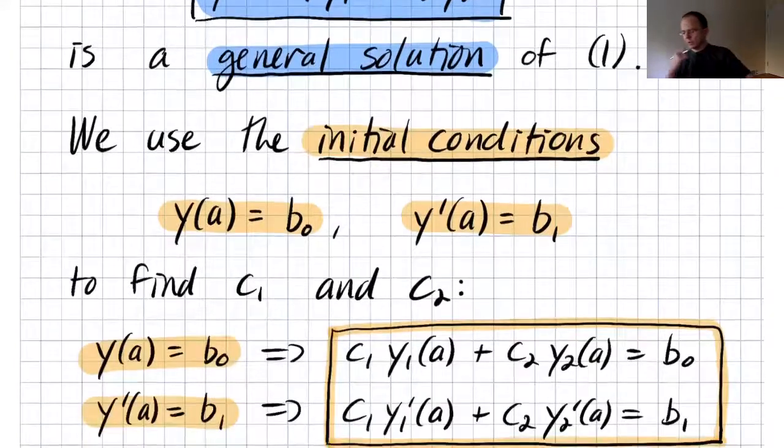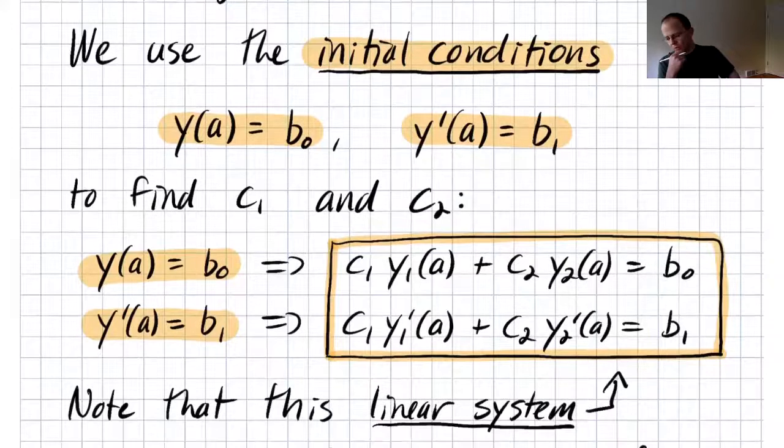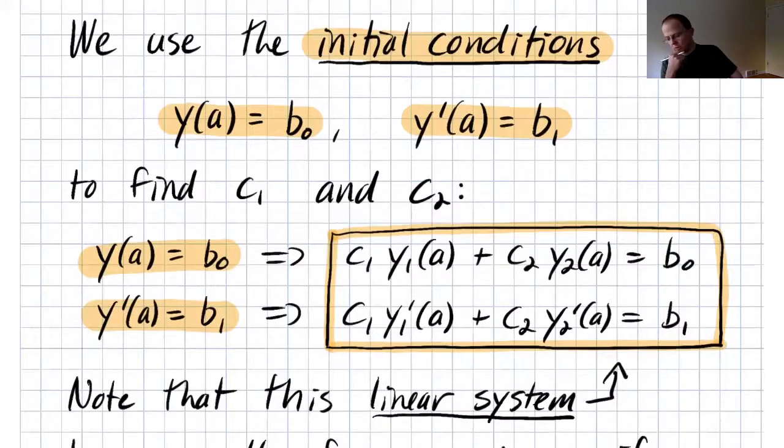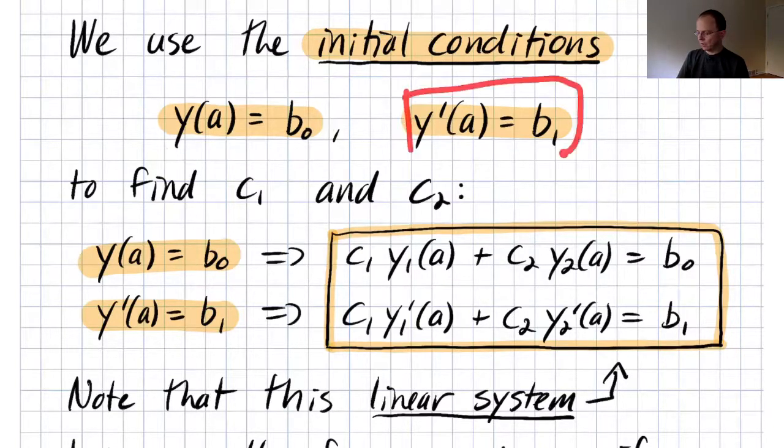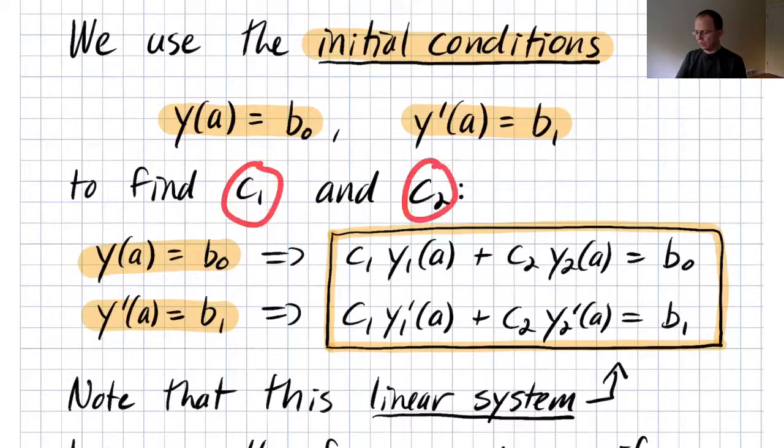Now, once we have our general solution to the differential equation, we want to then determine the value of c1 and c2 so that it satisfies our initial conditions, right? So our initial position and initial velocity. So we want to satisfy these two initial conditions to find the values of c1 and c2.